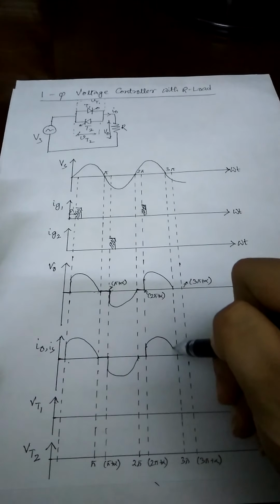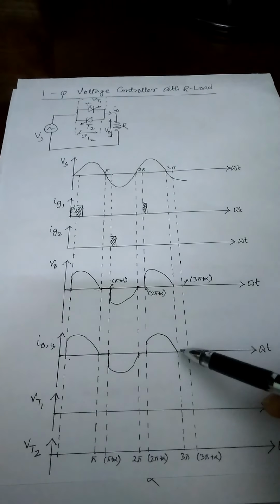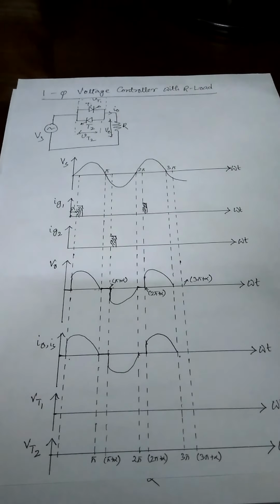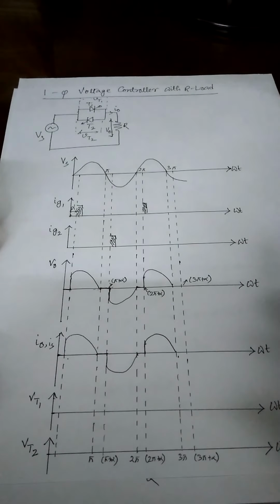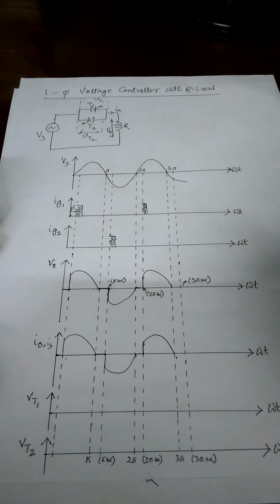like the voltage waveform. Now this continues up to 3 pi, then again at 3 pi the T1 is going to be in reverse bias and T2 is going to be in conducting mode at 3 pi plus alpha because it requires that particular firing angle.